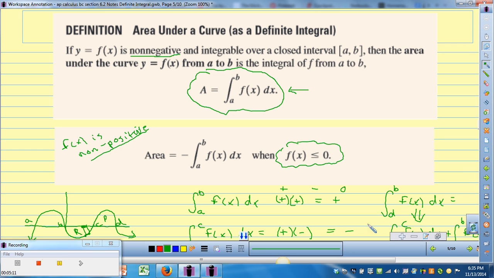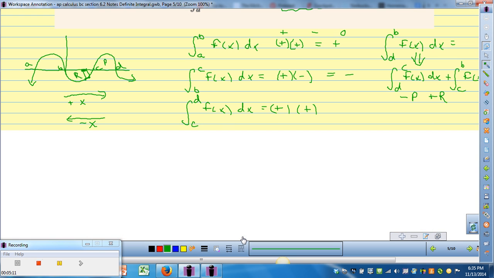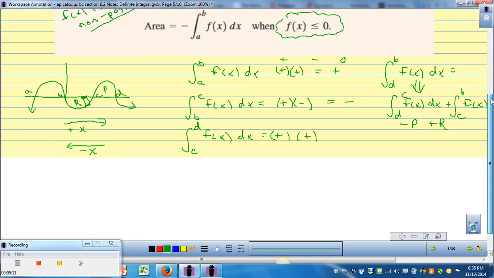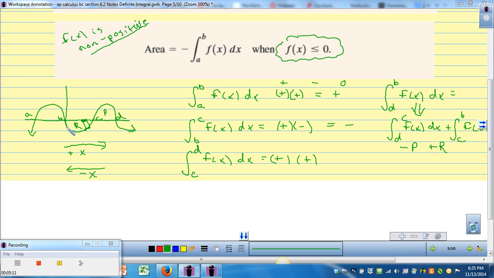And let's take a look now to see if we can clarify when they are positive and when they are negative. So I have a function sketched right here, and I've labeled the x-intercepts.